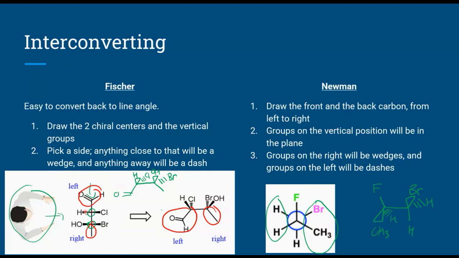Because if we remember, side groups are wedges and vertical groups are dashes. But that's not corresponding over here. This is actually how we look at it from the plane, from this perspective over here. So sometimes textbooks will draw Newman-Fisher projections in this way to sort of indicate that the side groups are wedges, but it's not like they're changing, it's just a different perspective. Yeah, like Grace said.